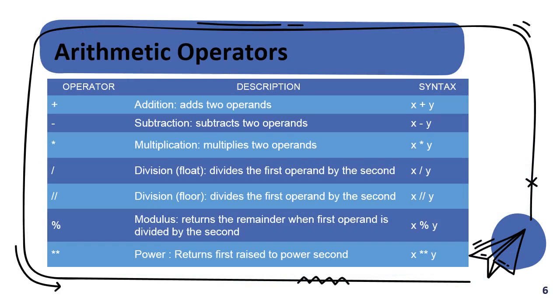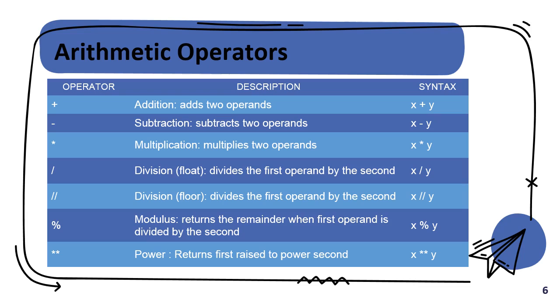These are the various arithmetic operators. Addition adds two operands and is represented by the plus sign. The minus sign is used for subtraction, which subtracts two operands. The asterisk operator is used for multiplication, which multiplies two operands.